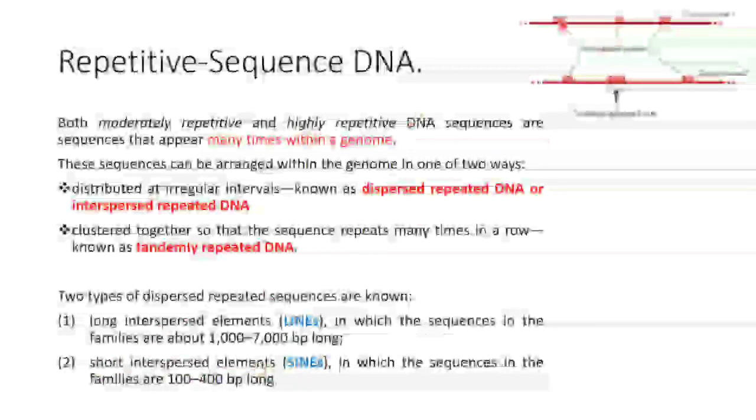However, if this sequence is long, between 1000 and 7000 base pair long, we call it LINEs, for long interspersed nuclear element. So guys, that's it for chapter 2.